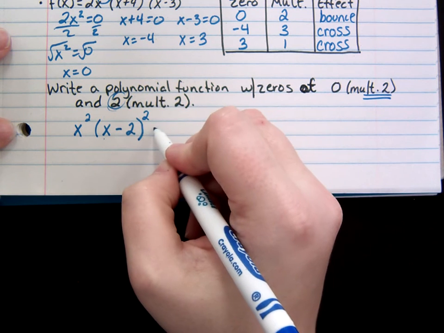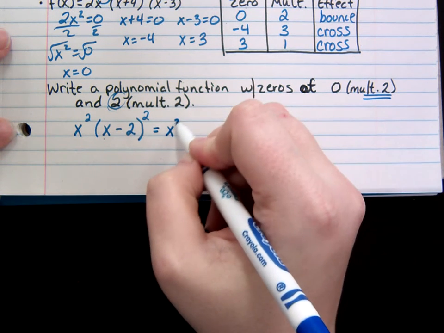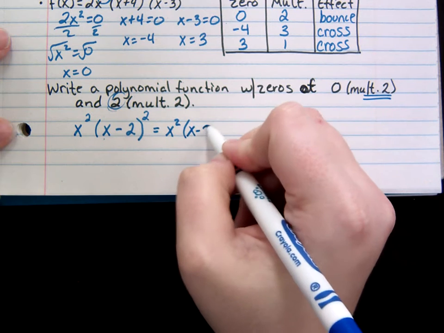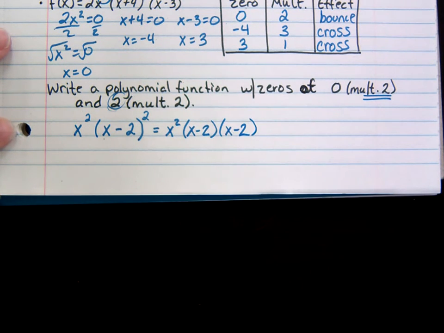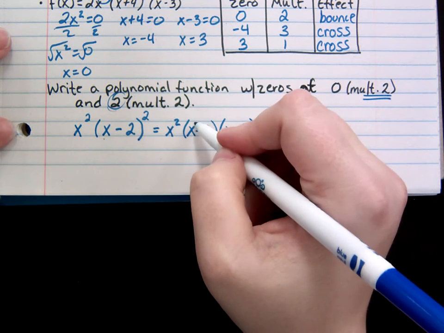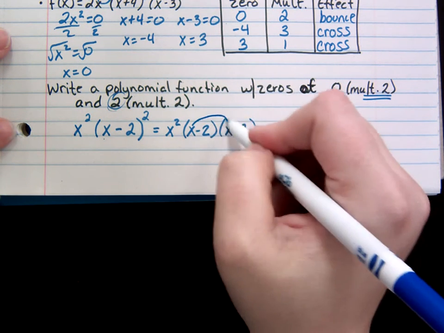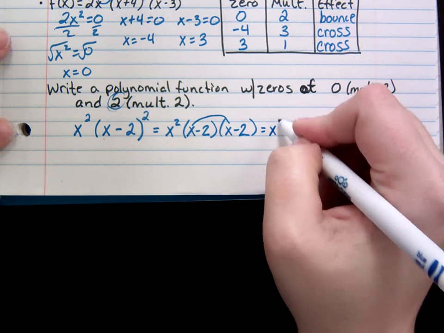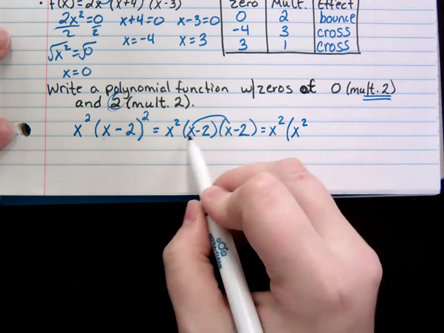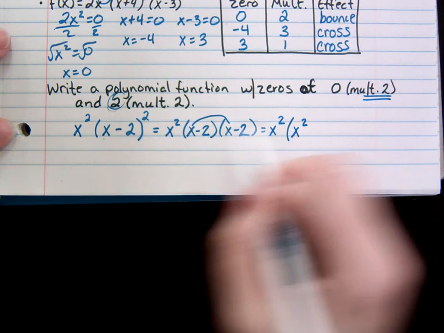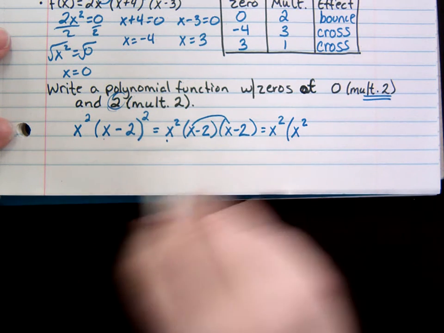Now, I'm going to rewrite this. This is x squared times x minus 2 times x minus 2. And I'm going to start by foiling. So I'm going to bring that over. So that's going to be x squared when I multiply here. Now this x squared is just this one. I rewrote it because I'm not using it yet.